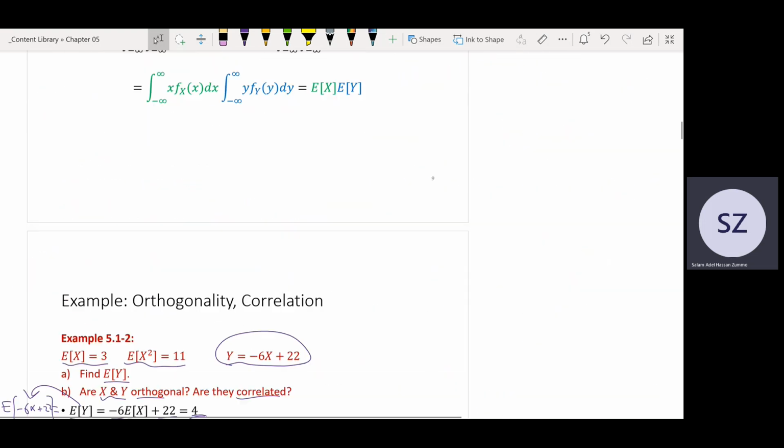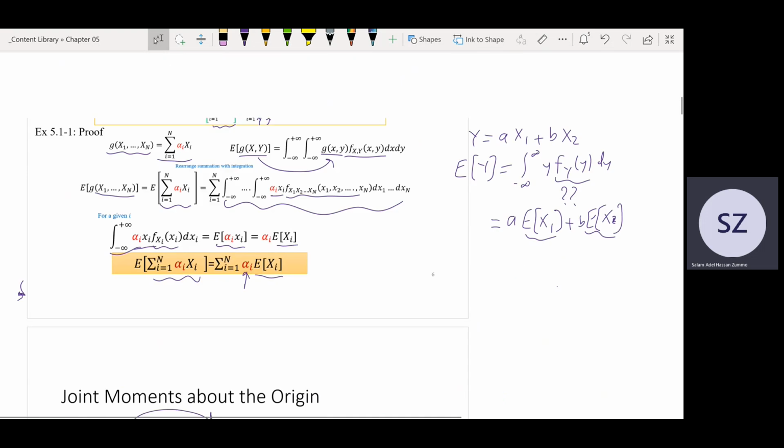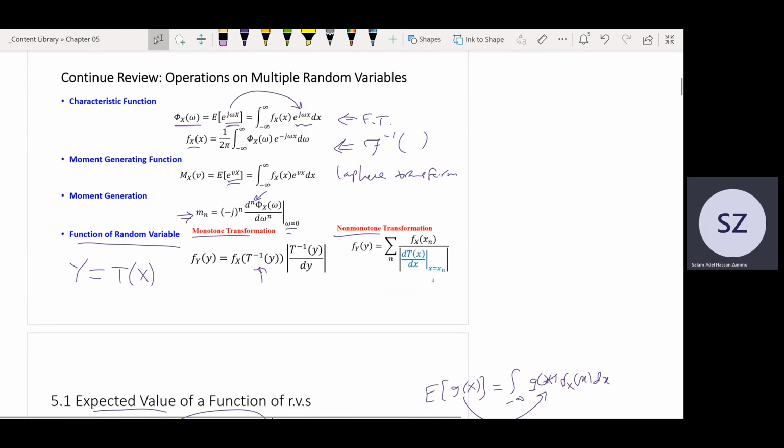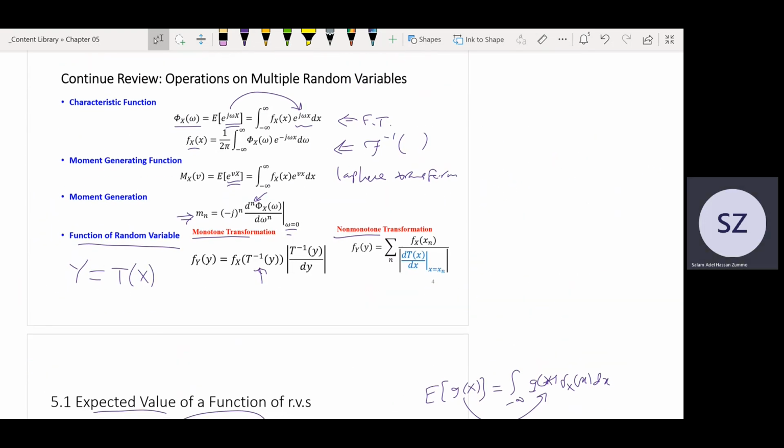When we have a single random variable transformation, we have the well-known result that we have done before. If you have monotonic transformation, so y equals t of x monotonic, then basically the PDF of y equals the PDF of x evaluated by x, which is the inverse of y, and multiplied by the derivative of the inverse function.